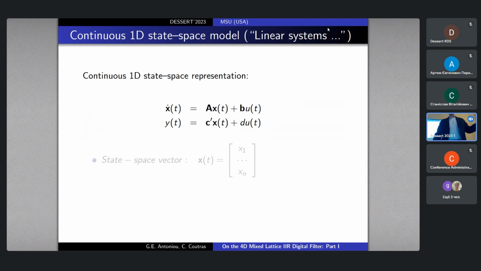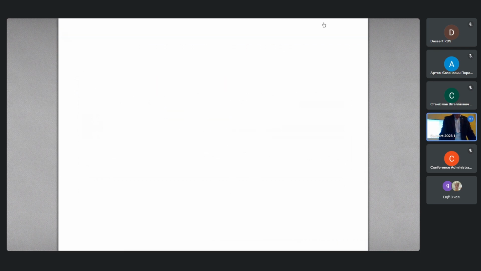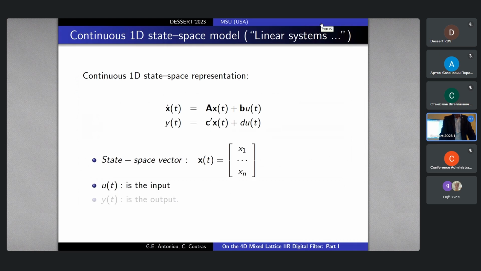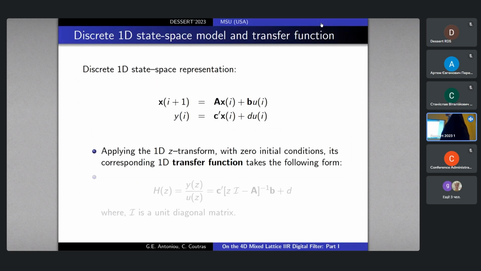This is what we learn in linear systems. So this is the analog, and this is the digital. Now, x(i+1) = Ax(i) + Bu(i), u is the input, y is the output. We apply the Z transform, the conventional 1D, and we find the numerator and the denominator of the filter.